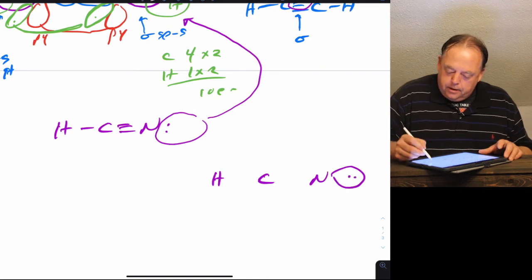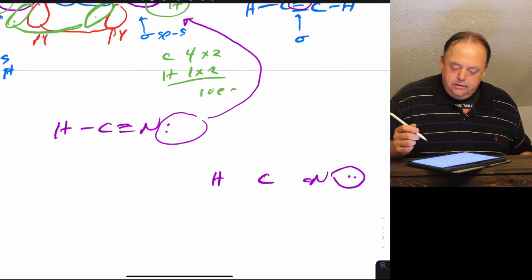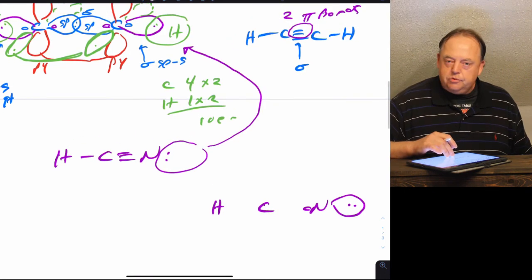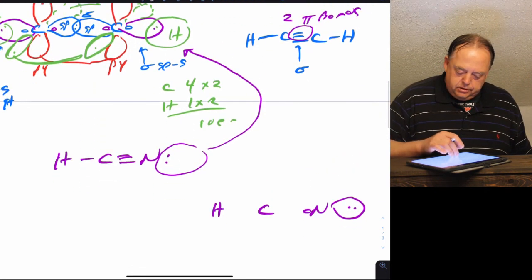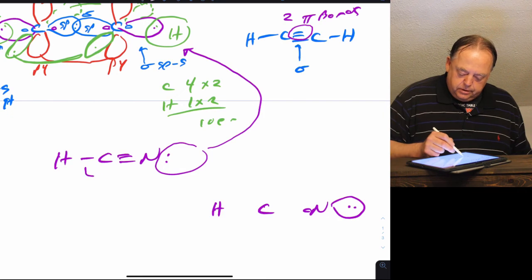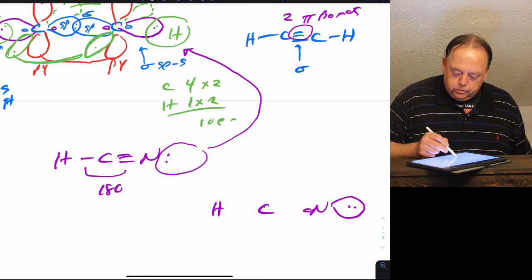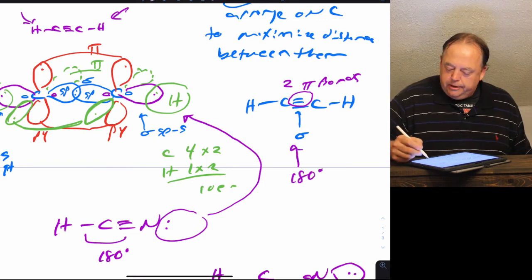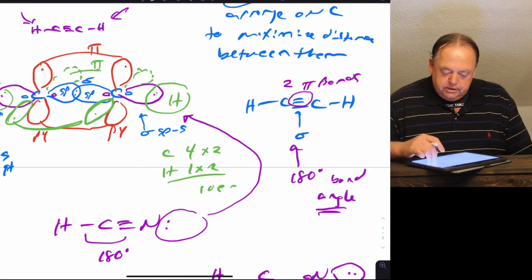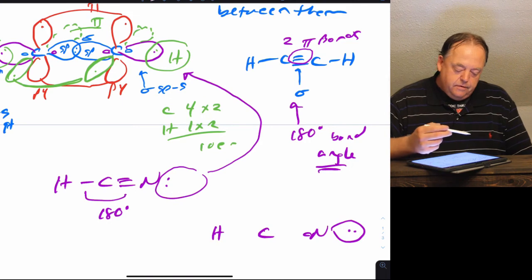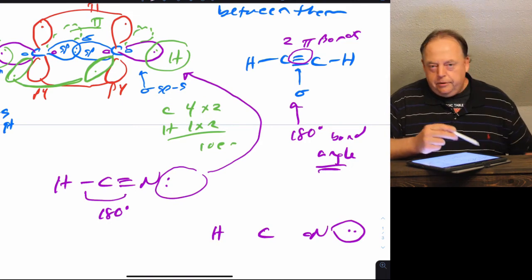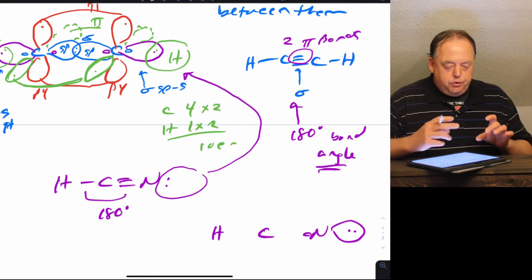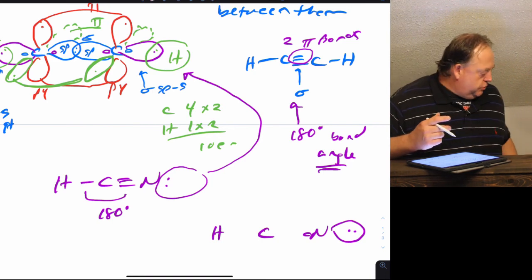And so the bonding in the molecule, from hydrogen to carbon and nitrogen, is 180 degrees, or in this molecule from hydrogen to carbon is a 180 degree bond angle. So anything that's sp hybridized will have two sp hybrids 180 degrees apart and two p orbitals that are mutually perpendicular to each other.